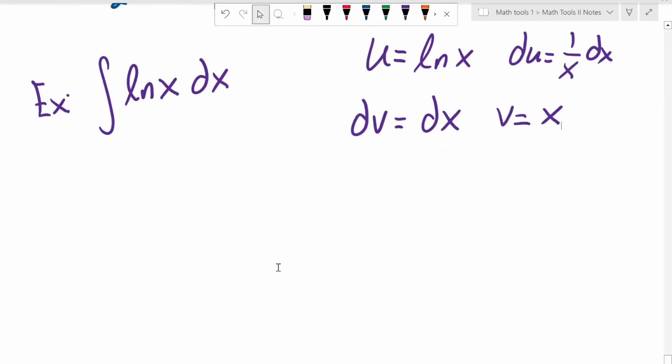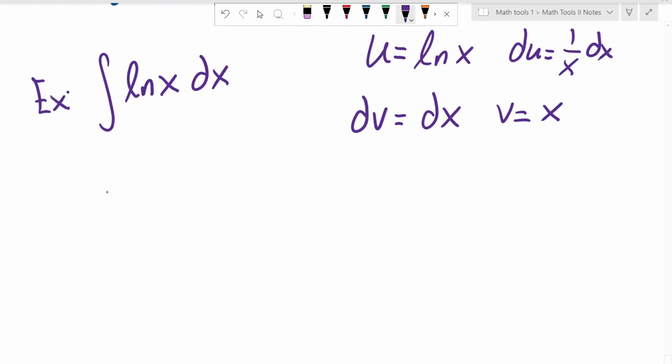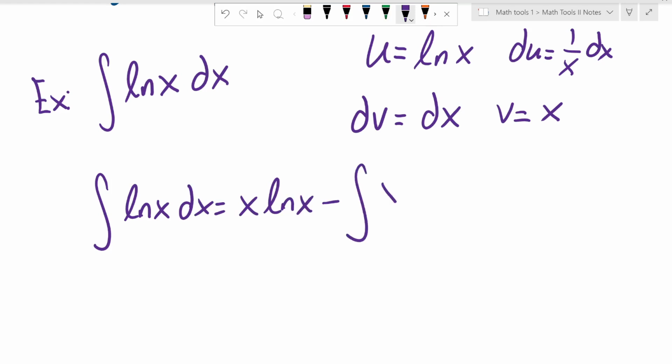So the integral of the natural log of x dx is equal to u times v, so x times the natural log of x, minus the integral of v du. You can start to see where this is going to fall into place, right? This is an easy cancellation.